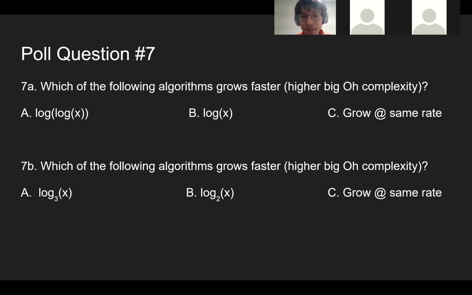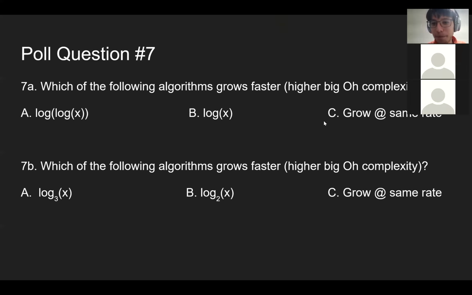I'm guessing A is faster for the first. I don't know. Okay. Rachel, do you have any ideas? Grows faster is less efficient. Grows faster, yeah, less efficient. So I would say B and then C. Okay. And I think Wesley might have mixed that up. Yeah, I think I did.